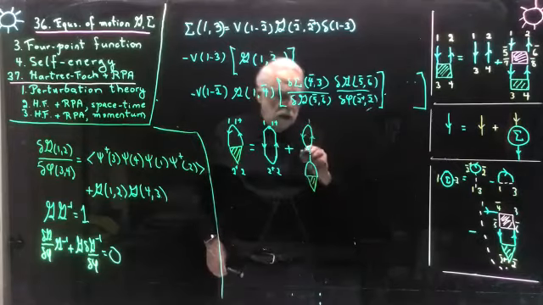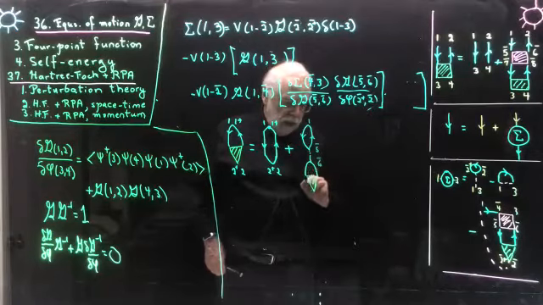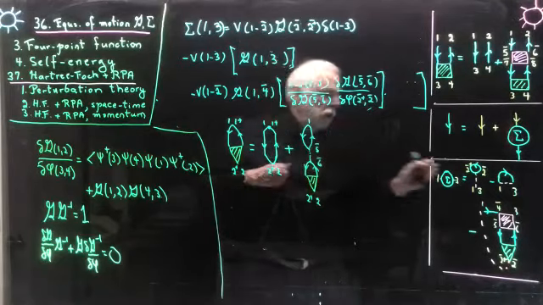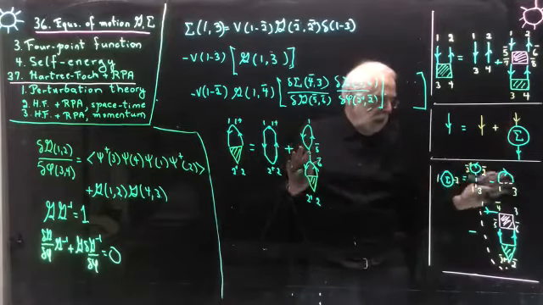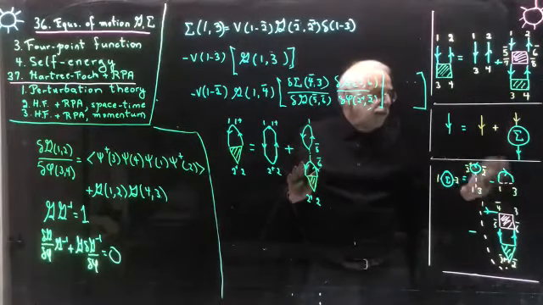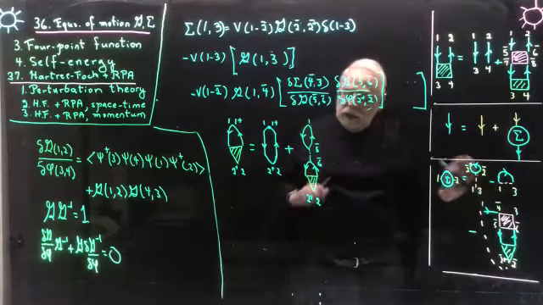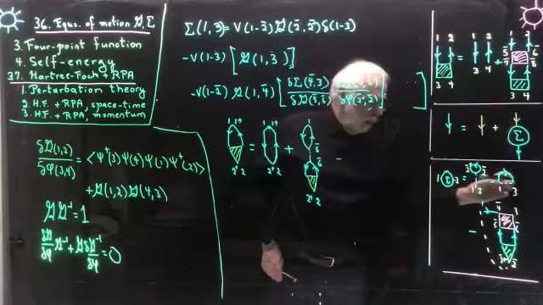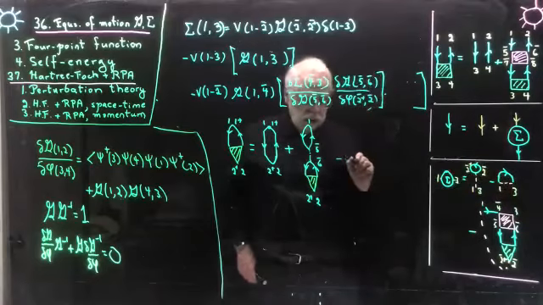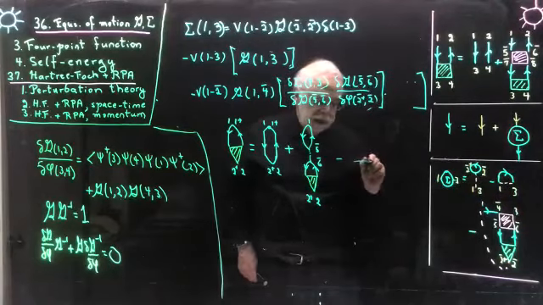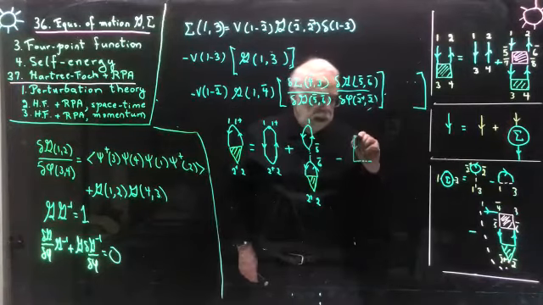So I have 1, 5 bar, 6 bar, and I have 2 plus 2. Okay, I showed you how you functionally differentiate this to get this irreducible vertex. So this was getting rid of this. Now with this, I get the Green's function going the other way. I'm sorry, the interaction going the other way. So it will look like this.